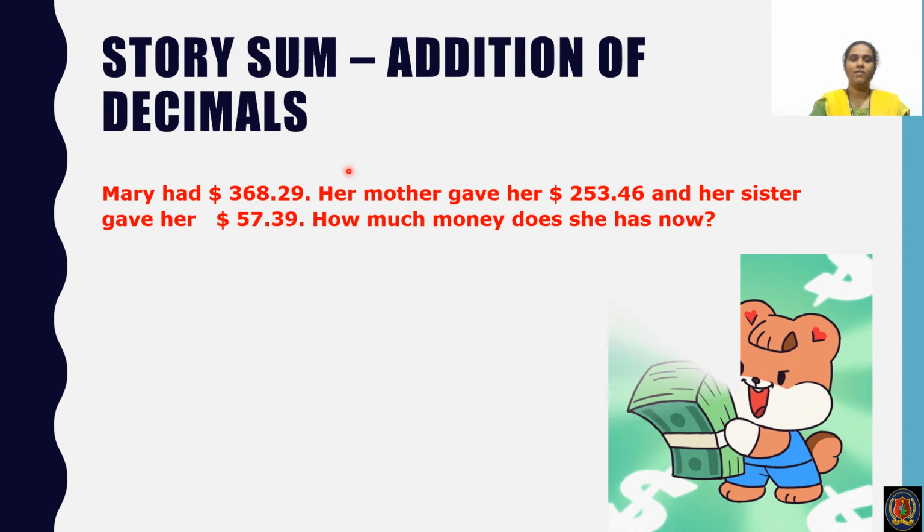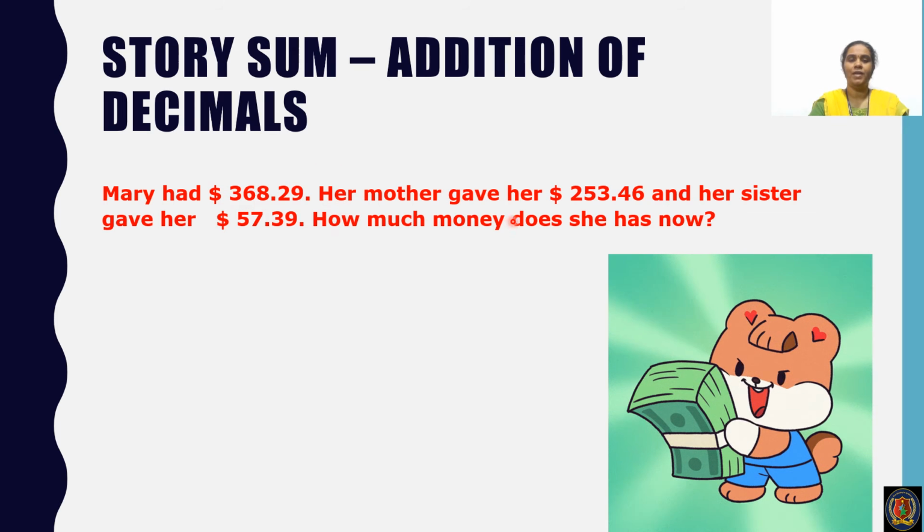So Mary has some amount of money, her mother is also giving her and her sister is also giving her. We need to find the total money she has now. What is the operation we have to do here? It is the addition operation. For any statement problem, the answer should be written with statements.